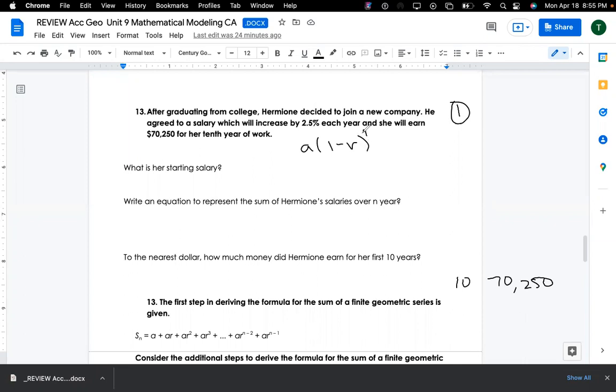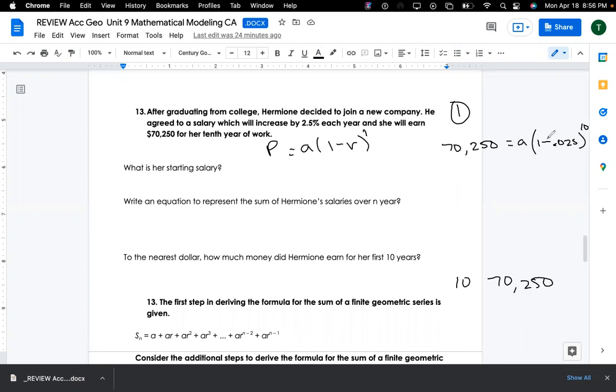Okay. And this is the number of years. Okay. So what we're going to do is we're going to say 70,250 equals, we don't know what A is. We're trying to figure out what the rate, well, the rate is 0.025. So we're trying to figure out that initial amount. So 10 is going to be in this exponent because it was over the course of 10 years.